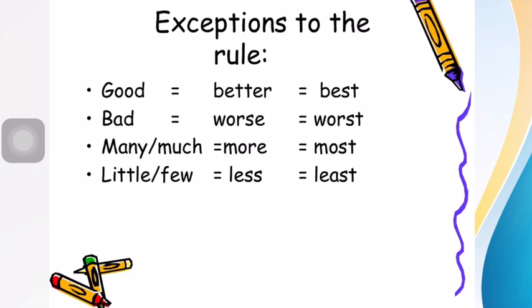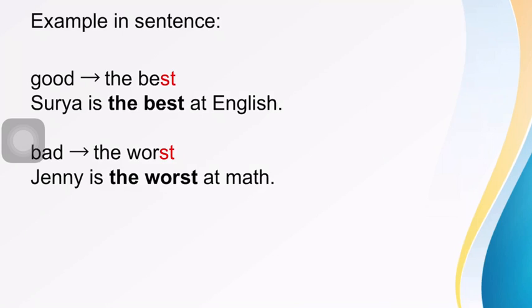Little or few become less, in superlative becomes the least. Example in sentence: good becomes the best. Surya is the best at English. Bad becomes the worst. Jenny is the worst at math.